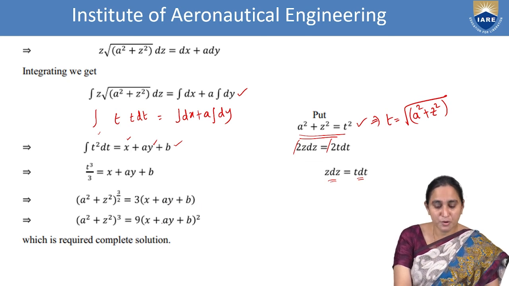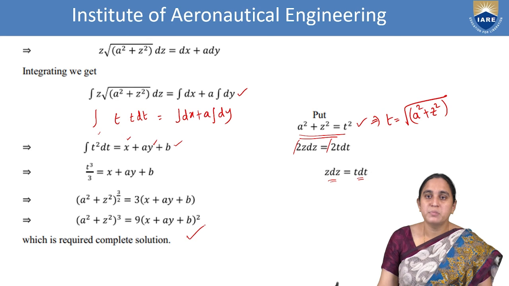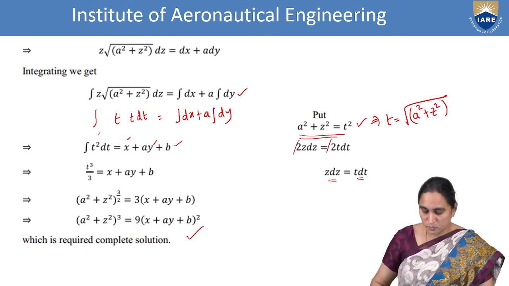Now a square plus z square whole cube is equal to 9 into x plus ay plus b whole square, squaring on both sides. This is the required complete solution for the third question.